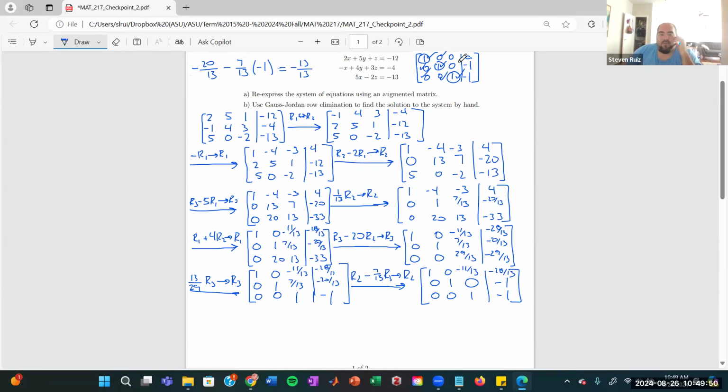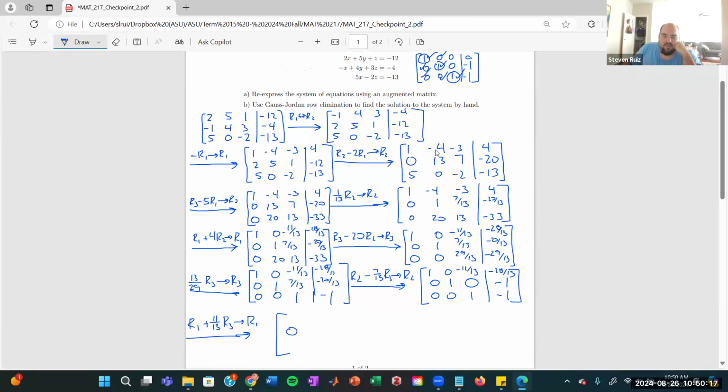So we only have one more job to do, and that is to clear out the negative 11 thirteenths. So last move here. I'm going to take row 1 and add 11 thirteenths of row 3 to it and place that back in row 1.